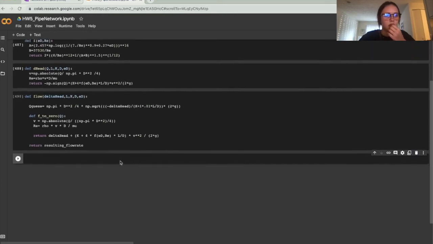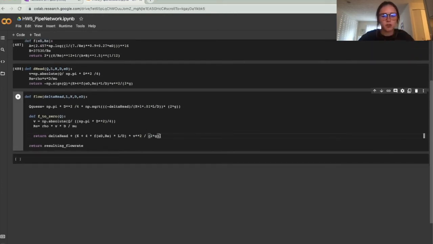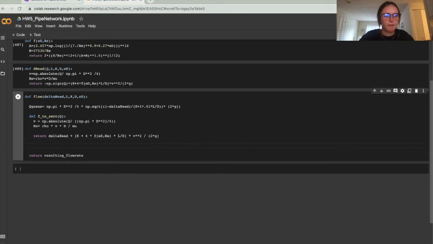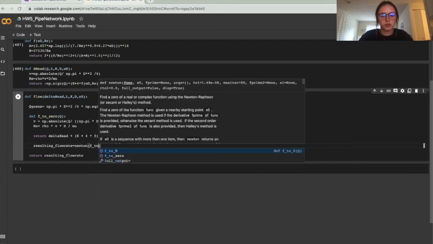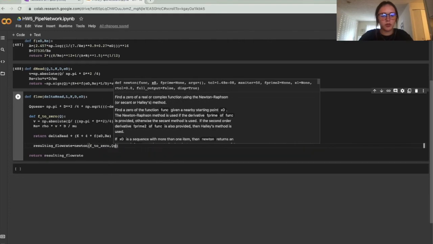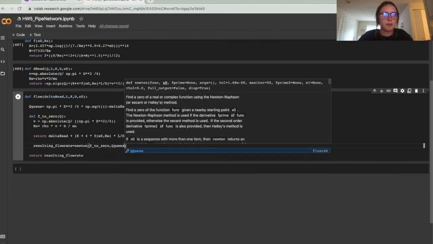And now that we have this, we want the resulting flow rate to equal the Newton equation that we had before of F to 0 with QGuess.